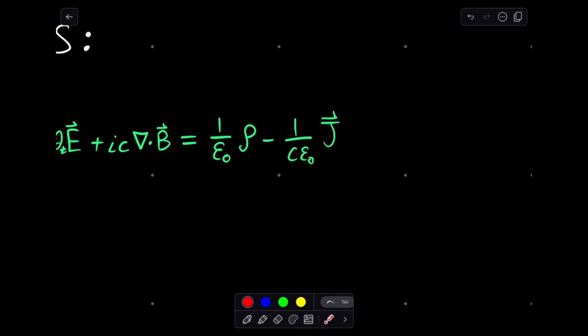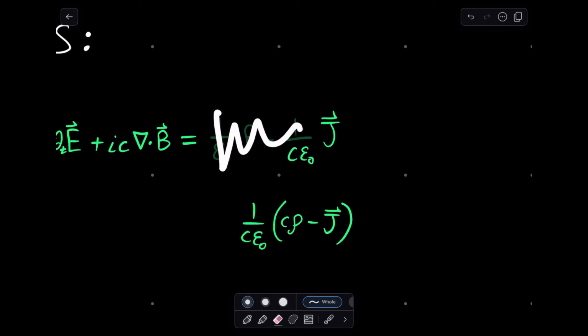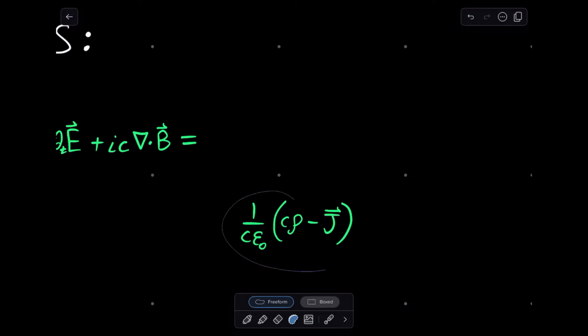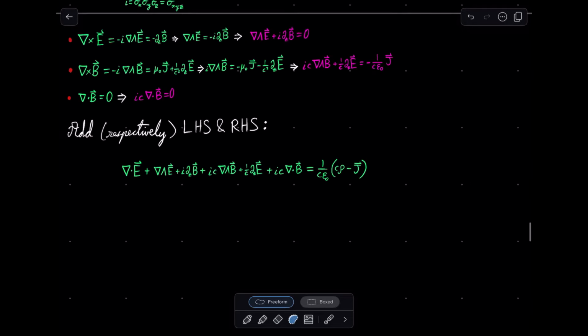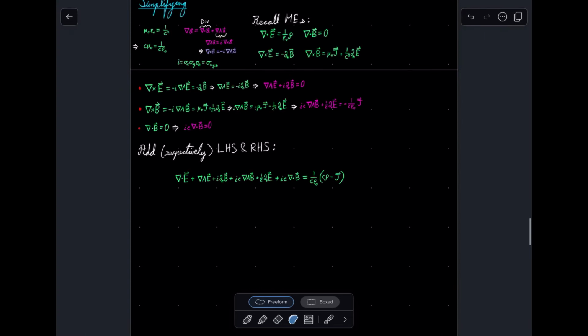Well, let's just go ahead and pull out a c epsilon naught here. So that's going to end up with 1 over c epsilon naught of c rho minus j. And then we can just get rid of this and put this up here.